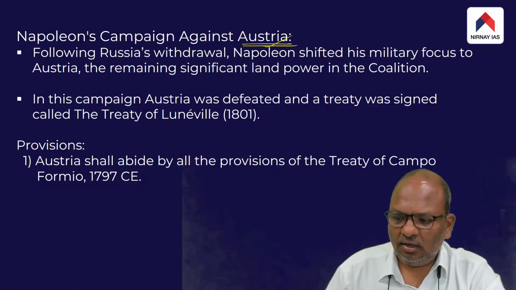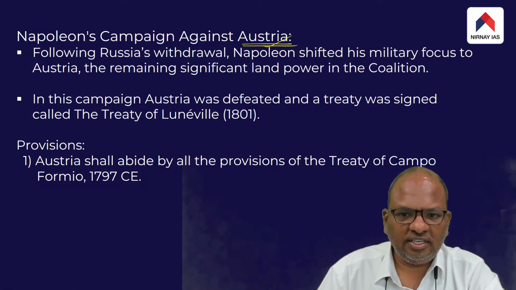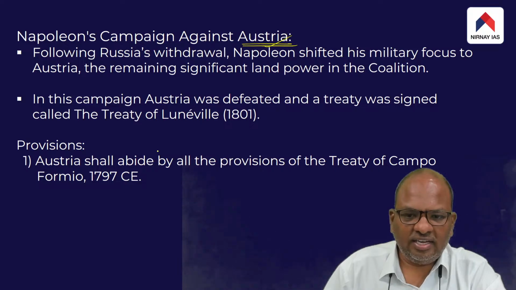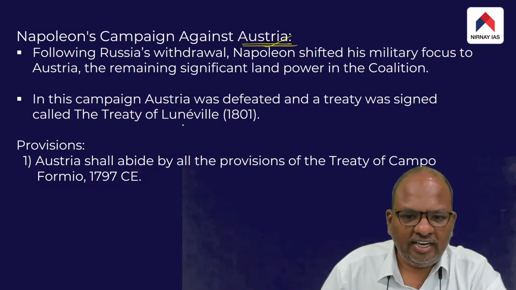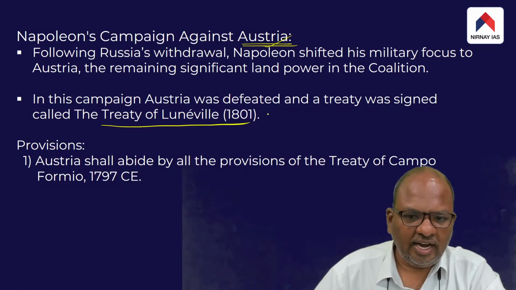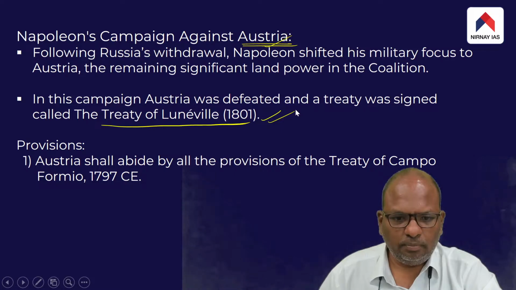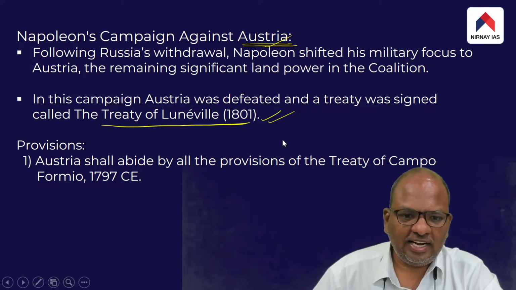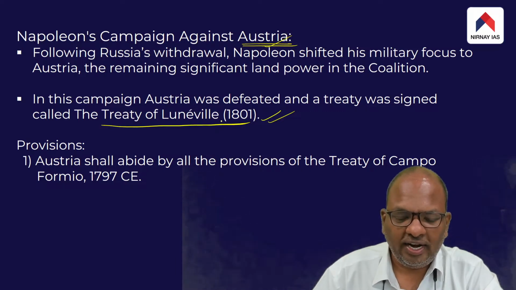In this campaign, Austria was brutally defeated and forced to enter into a new treaty with France known as the Treaty of Lunéville, 1801 AD.